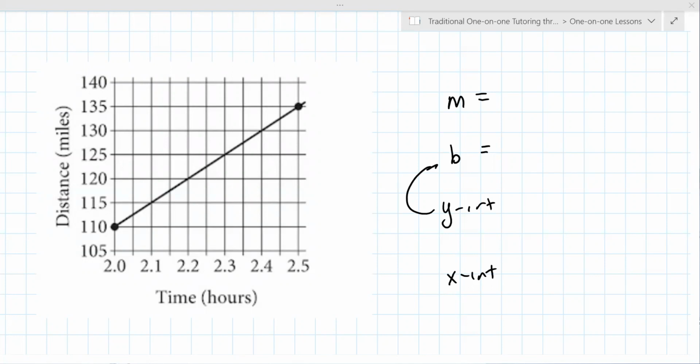We did these yesterday. Okay, let's look at a couple of systems here.